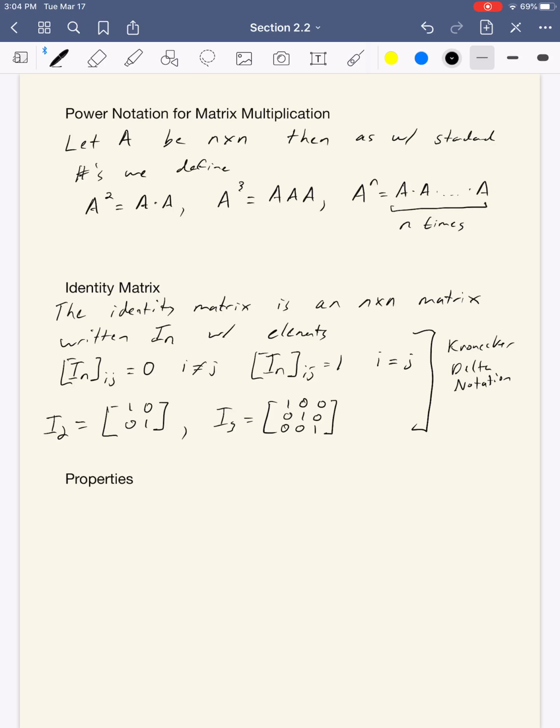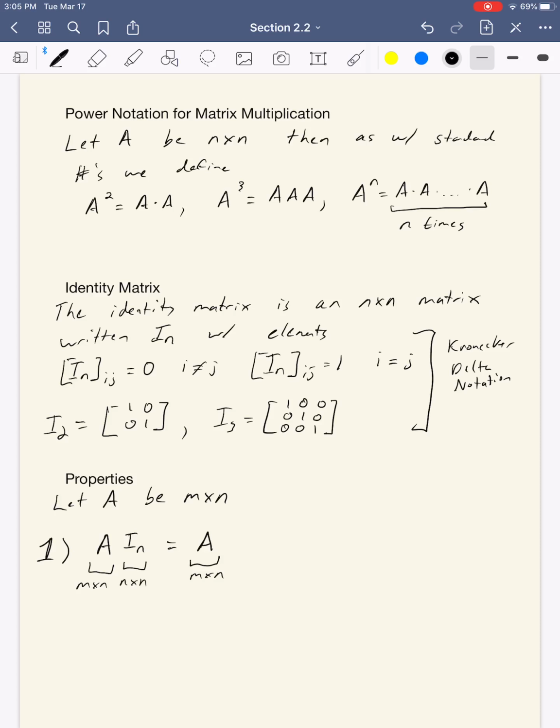So let's talk about two important properties of the identity matrix. Let A be m by n. If you take A and multiply it by the identity matrix I sub n, then this guy is m by n, this guy is n by n, and the multiplication gives you back your original matrix A, which is still m by n.